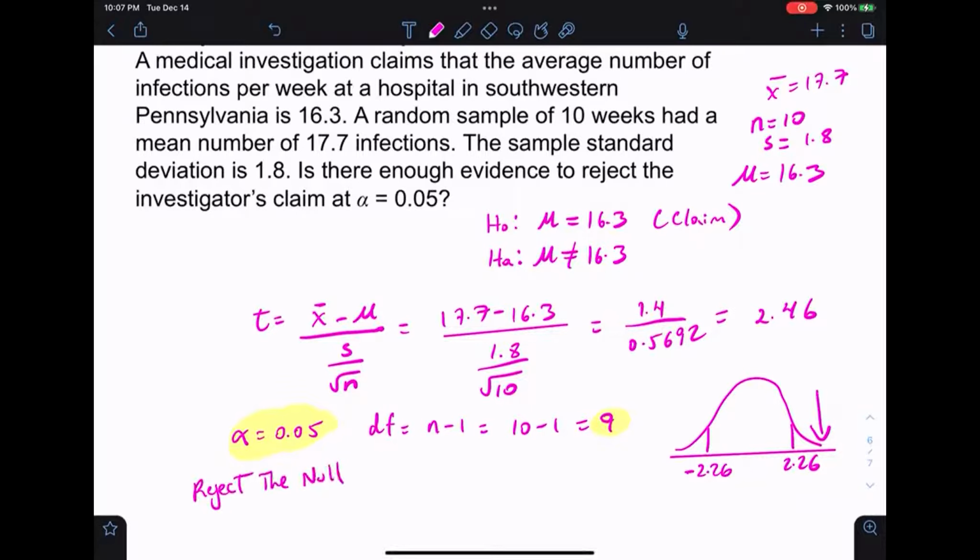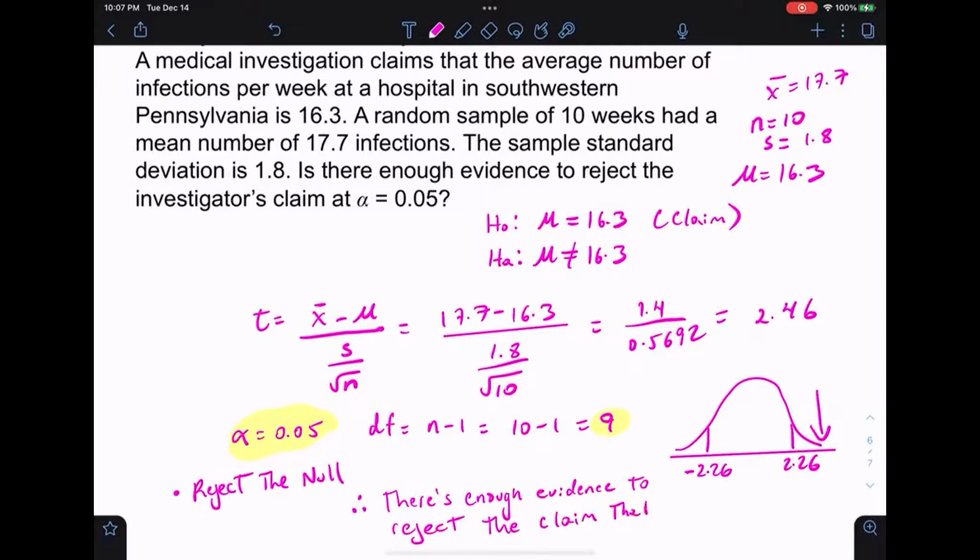And this is our conclusion: there's enough evidence to reject the claim that the average number of infections per week at a hospital in southwestern Pennsylvania is 16.3.